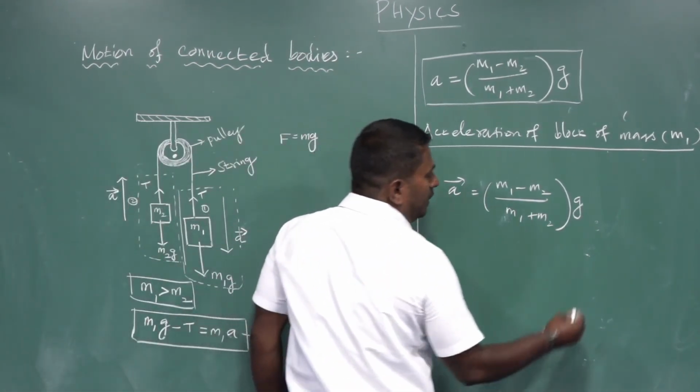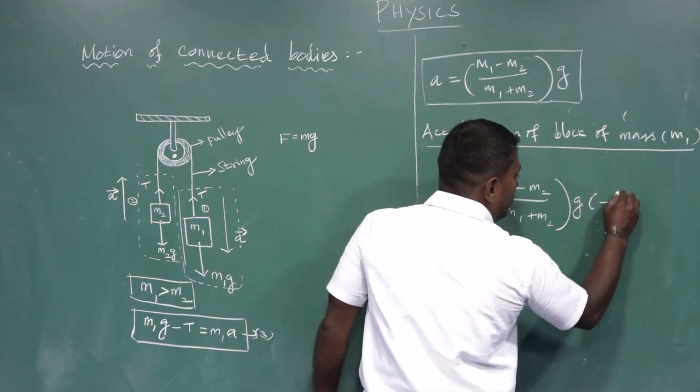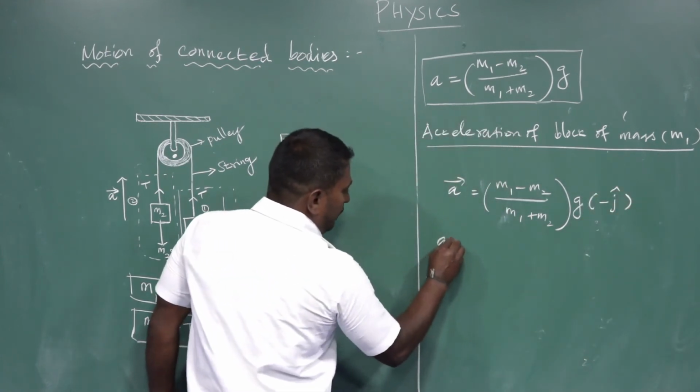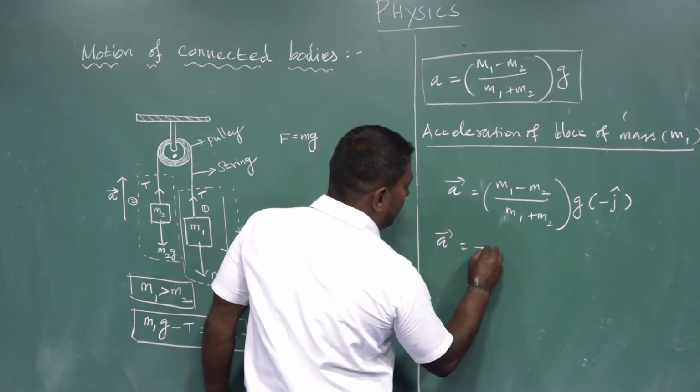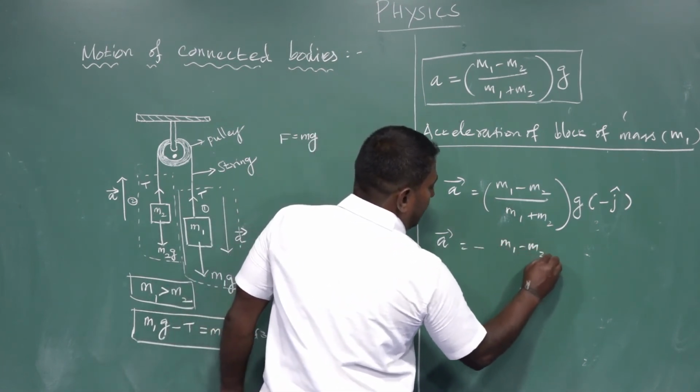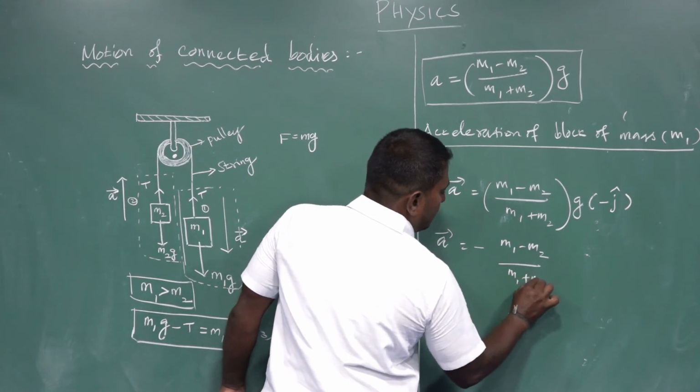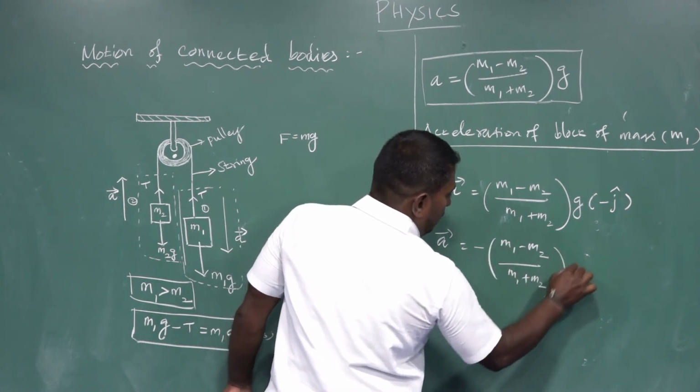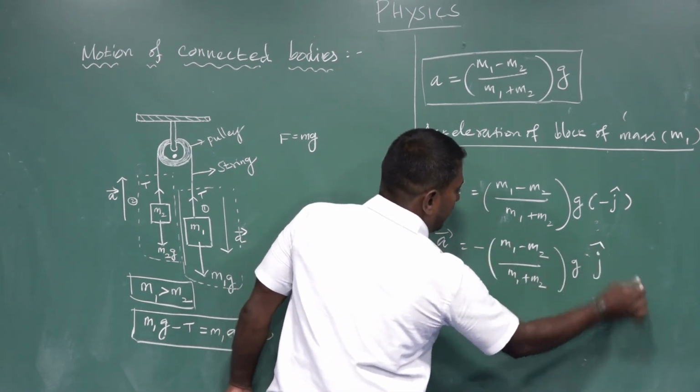It gives the unit vector minus j cap. So A vector is equal to minus M1 minus M2 divided by M1 plus M2 into G j cap.